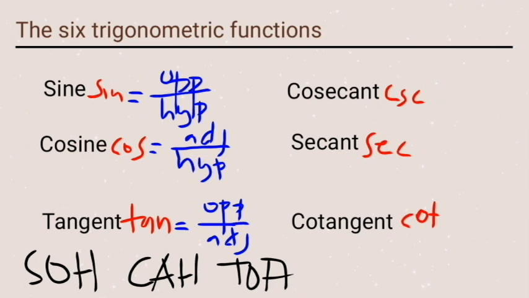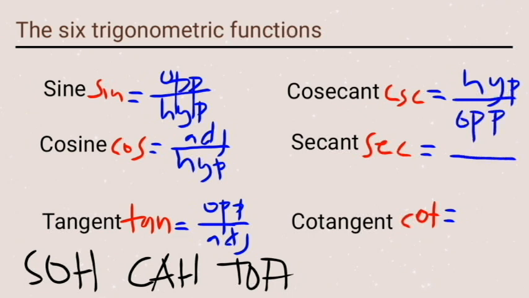Next, how can we determine the other three ratios of these trigonometric functions? Always remember, class, that these remaining three trigonometric functions are the reciprocals of the primary trigonometric functions. To get the cosecant, it is the reciprocal of the ratio of sides, so it is hypotenuse over opposite.